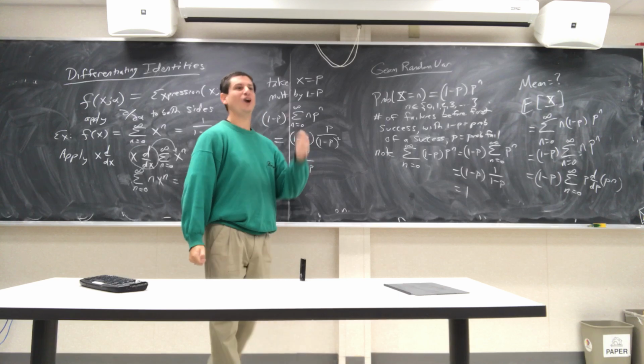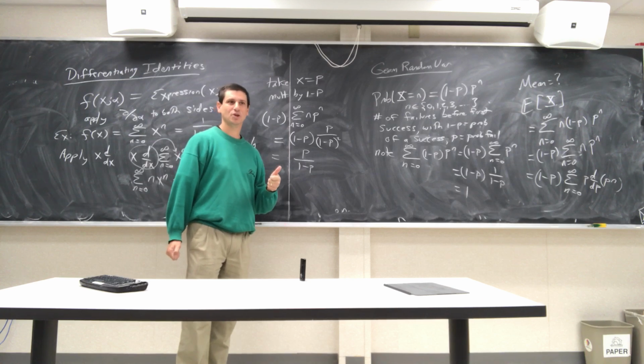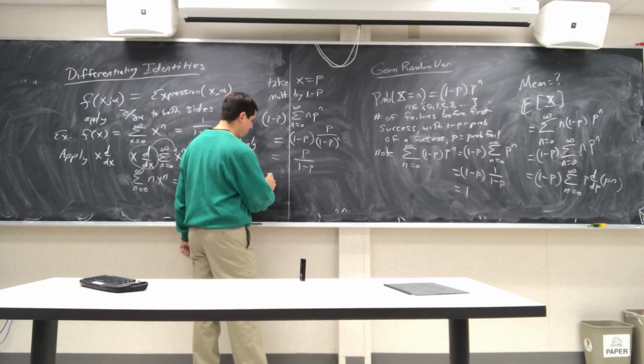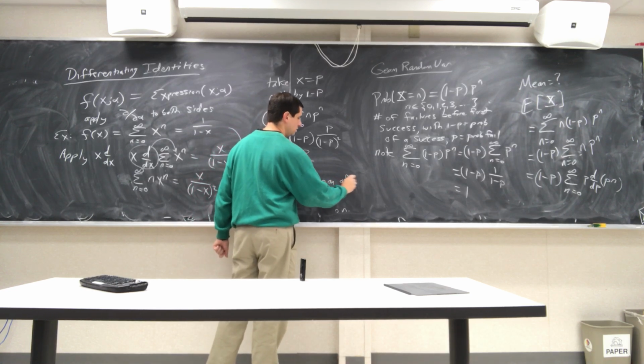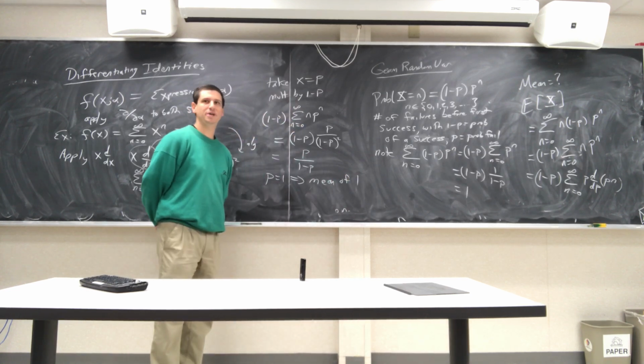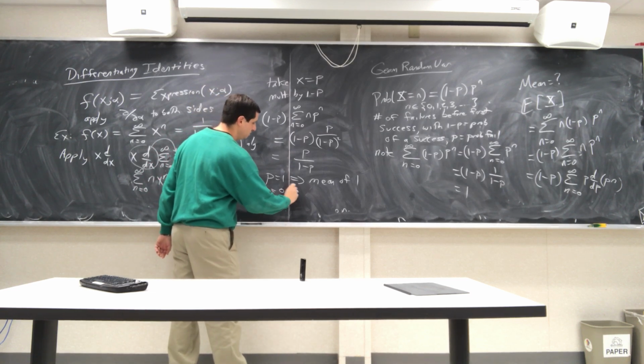What is the mean number of tosses to get a success, given that you always get a success? 1 toss. So always check extreme cases. What's another extreme case?